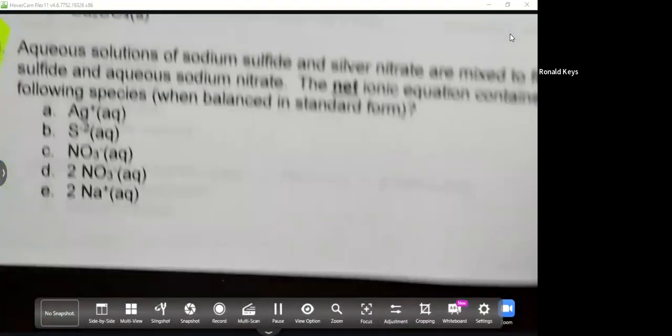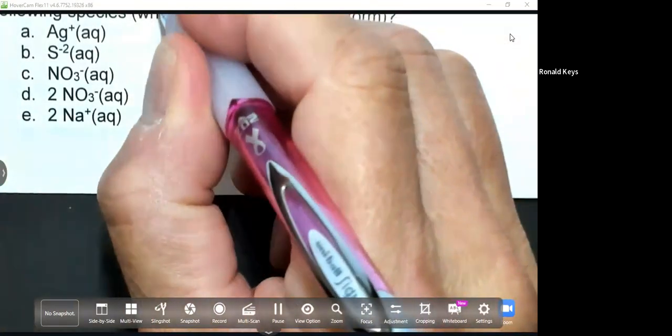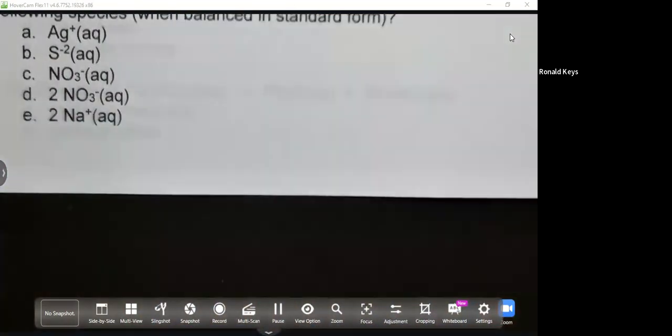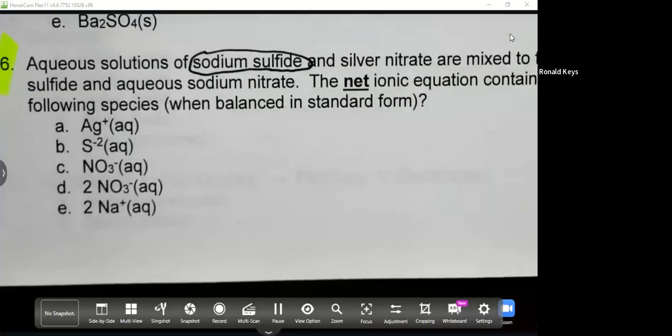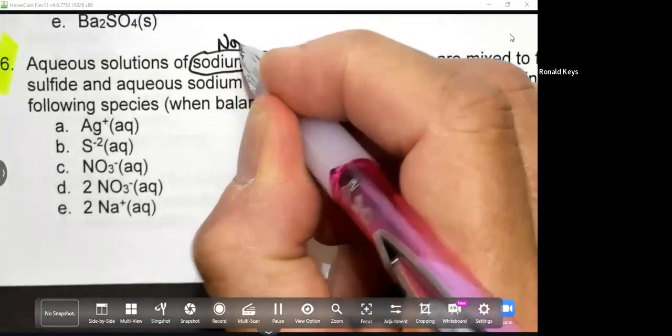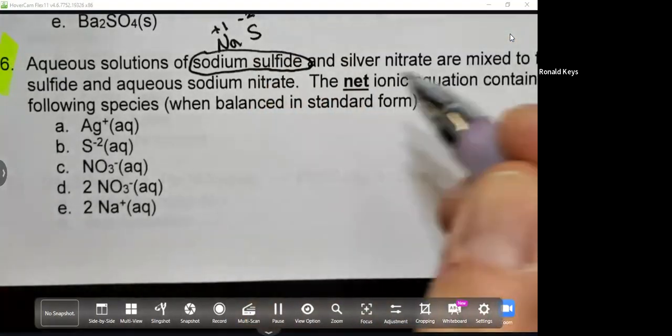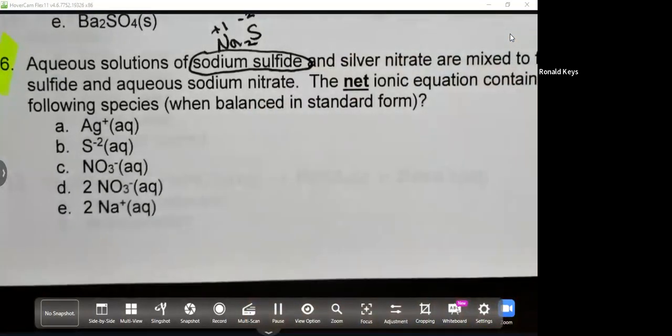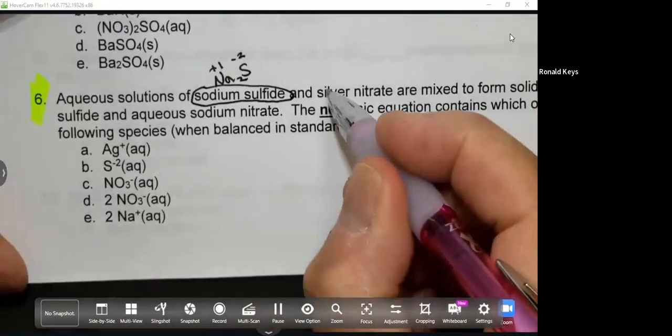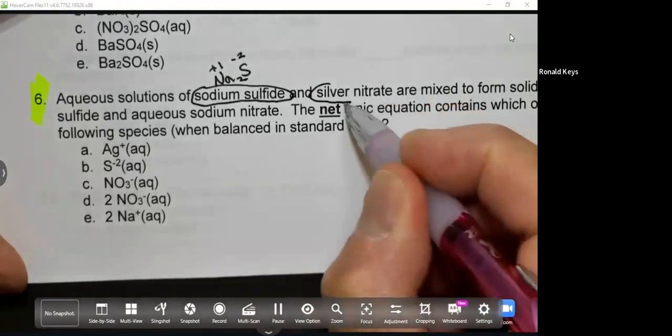Okay, in number 6, we got sodium sulfide. So let's write this out first. So sodium sulfide is going to be Na plus 1, S minus 2. So that would be Na2S. We have silver nitrate, it looks like, in aqueous solution.